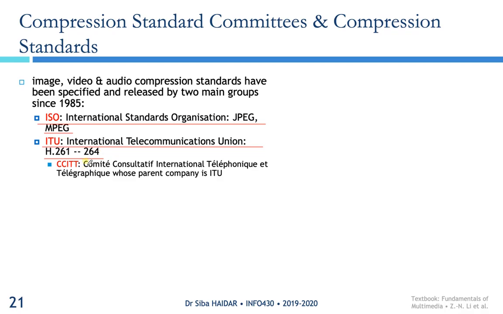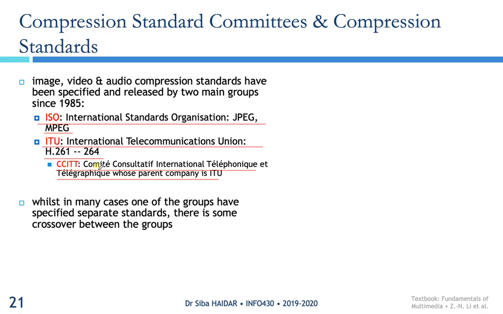You may not know them, but we will study them and you will see that the MPEG is based on them. And this ITU has also the CCITT, which is the Comité Consultatif International Téléphonique et Télégraphique, whose parent is ITU, that also contributed in the compression standards for video.